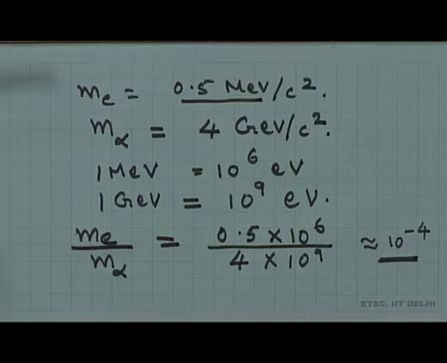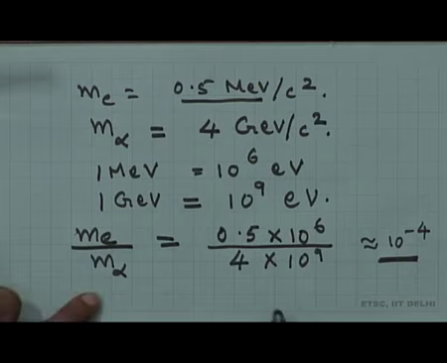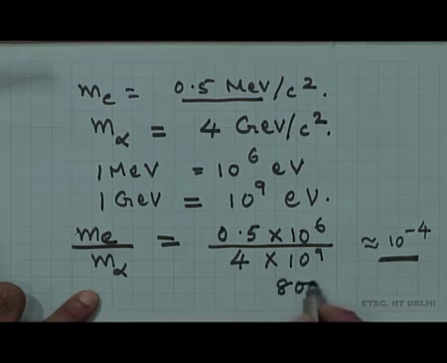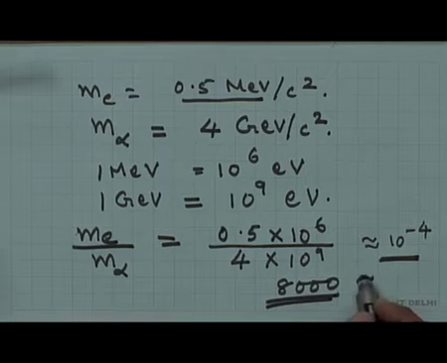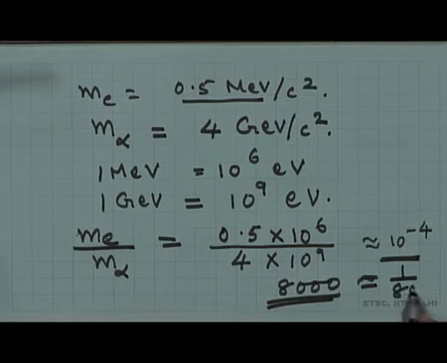That is what we have. So that means my electron, actually I can write a precise number, is 8000 times lighter than the alpha particle. That is the statement that we are making. So it is actually equal to 1 over 8000.